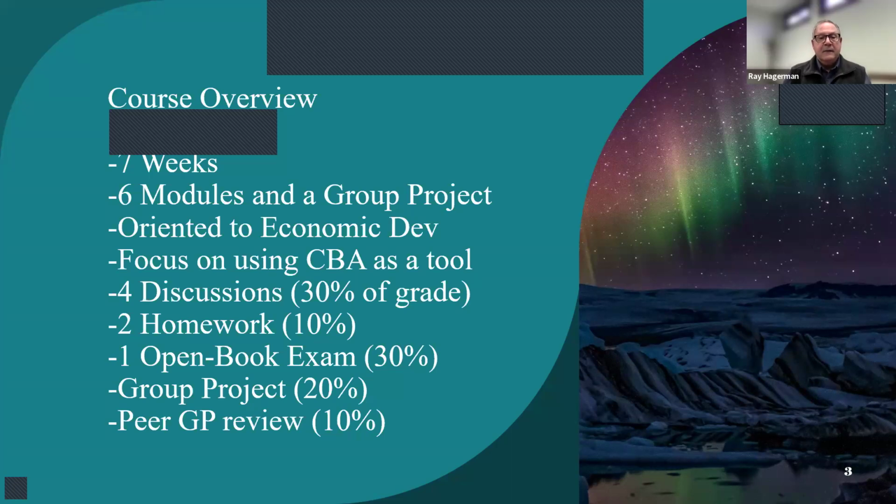And lastly, being able to interpret those results the way that they should be interpreted, and also to look at other people that do CBAs, whether it's in economic development or in other fields such as transportation, recreation, community development, and those sorts of things.